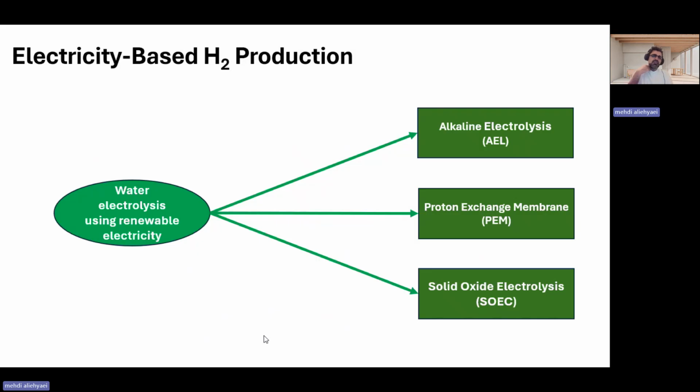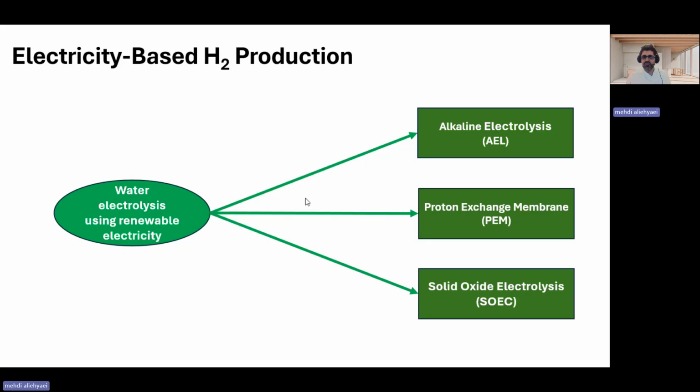Now let's briefly take a look at the electricity-based H2 production. We take a look at the most famous one, water electrolyzer using renewable electricity. We have three types of electrolyzer. The first one, the alkaline electrolyzer, is the most established technology and is widely used because it is reliable and relatively low in cost.